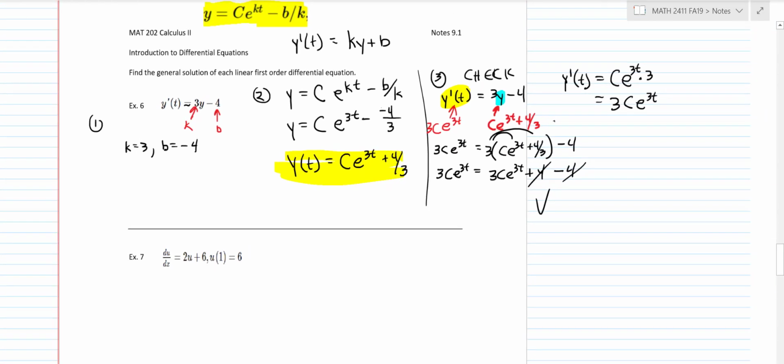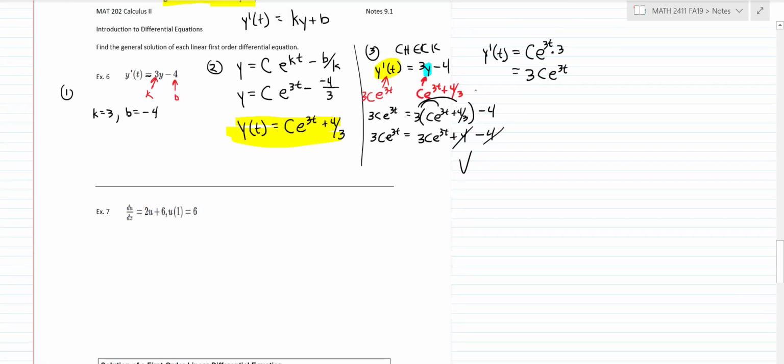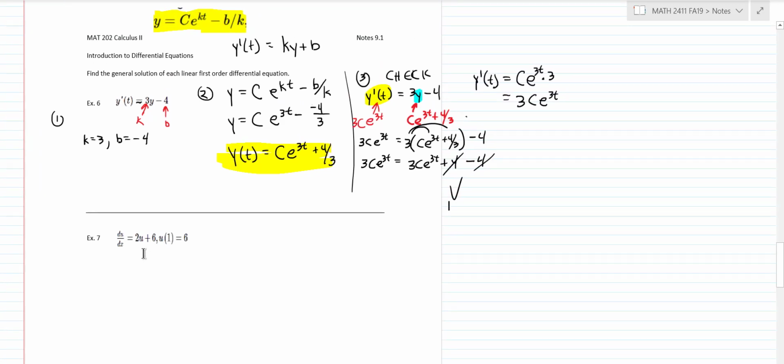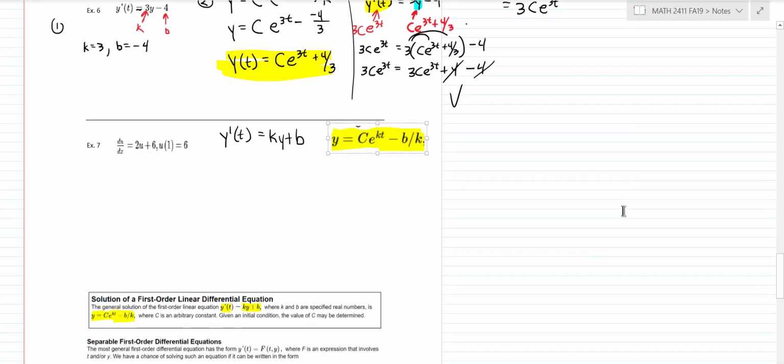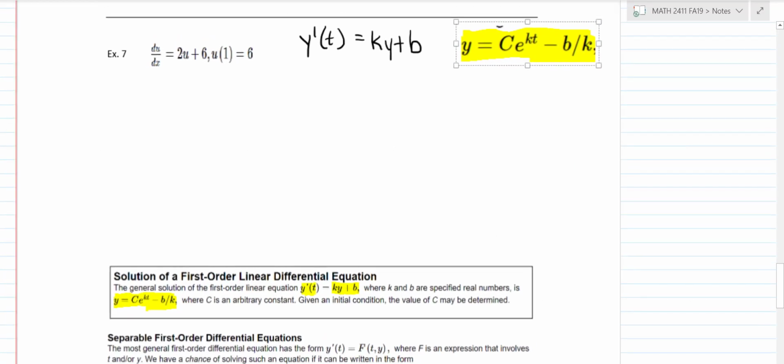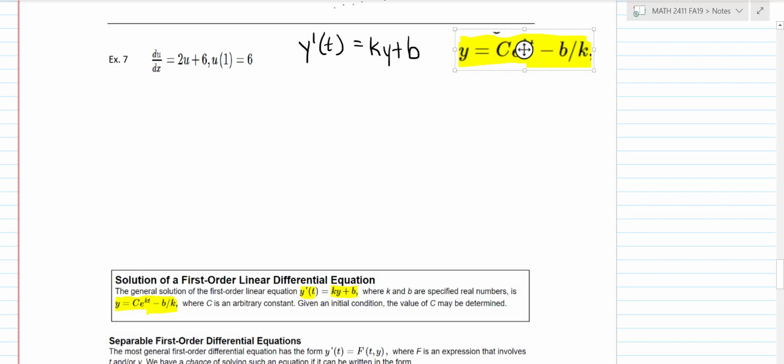The next one is an initial condition problem. It's another example of a linear first order differential equation. Again we have y prime of t is equal to ky plus b, but we do have an initial condition on this problem now. Here's your solution. I'll scroll up and zoom in on this so I can see what I'm doing. You can do this in a couple of different ways.